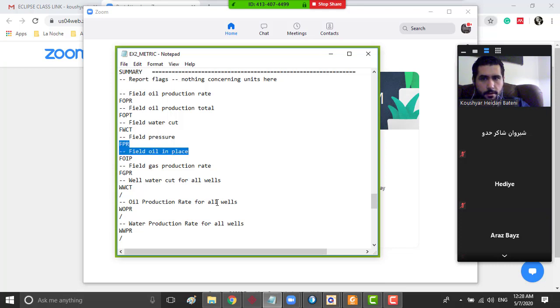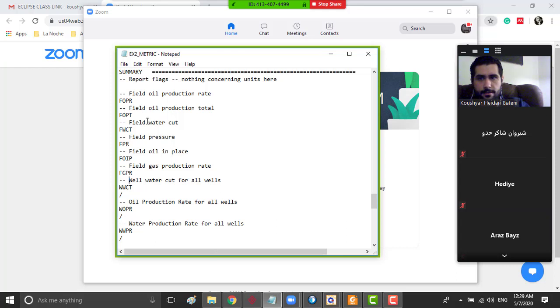Maybe you want to see the average reservoir pressure, then you use FPR. Maybe you want to see the water cut for the whole field, then you use FWCT. Maybe you want to see the water cut for individual wells, then you use WWCT, right?